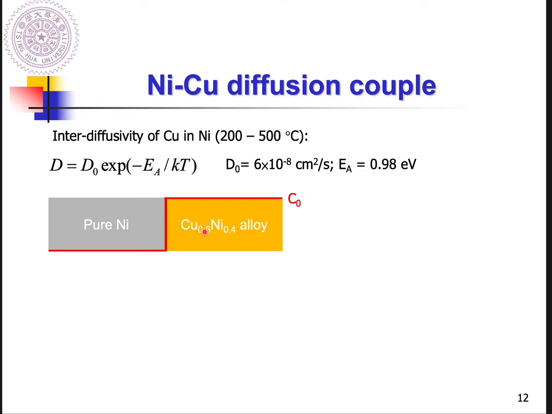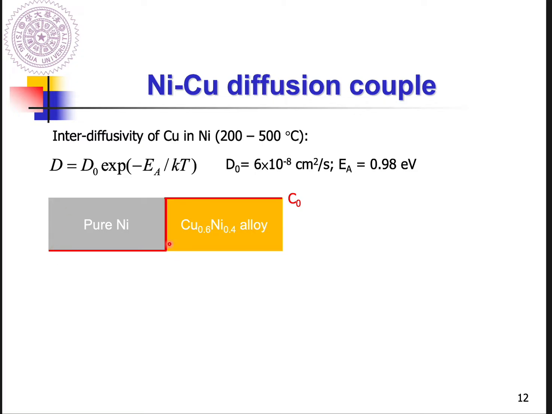The nickel-copper alloy, and when you heat these materials up, then interdiffusion happens in between, at the interface, and we know the diffusivity can be expressed as a function of T. Right, and in these questions, they give you a D0 and the activation energy and the Boltzmann constant. As long as you know the T, then you can determine the diffusivity in this material system, right? And at a specific temperature, we get the specific diffusivity here.